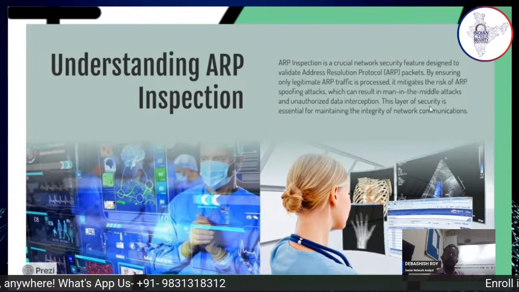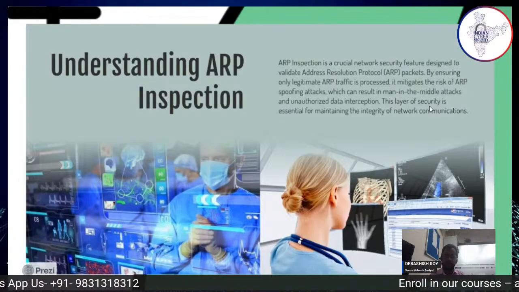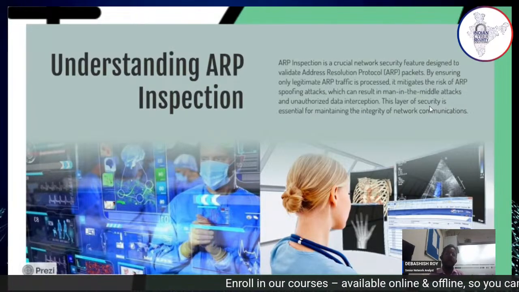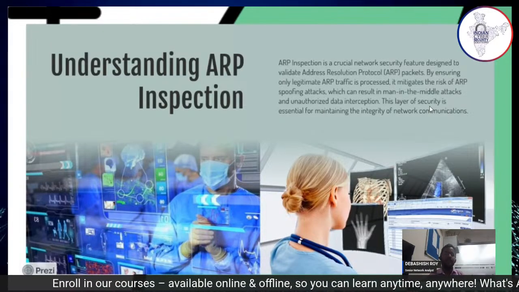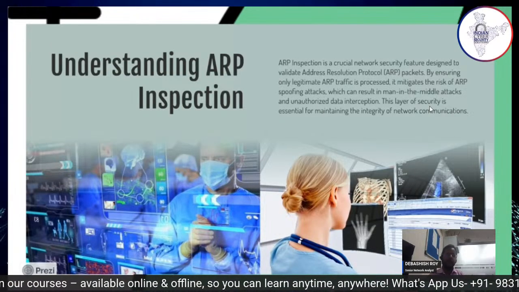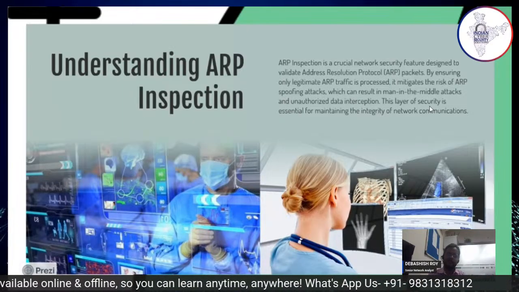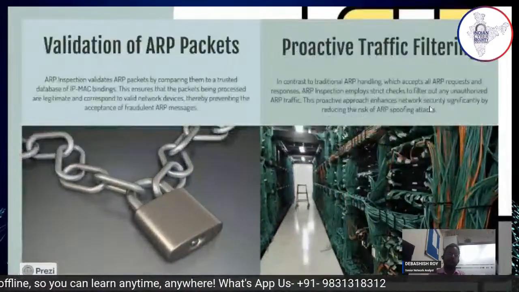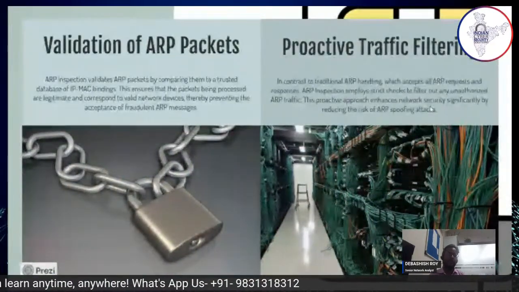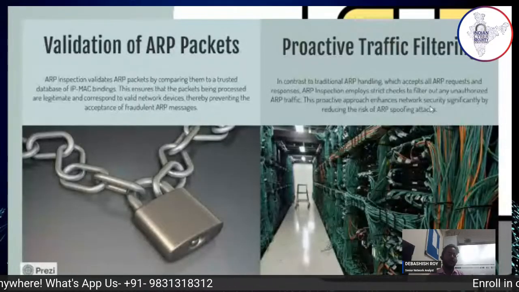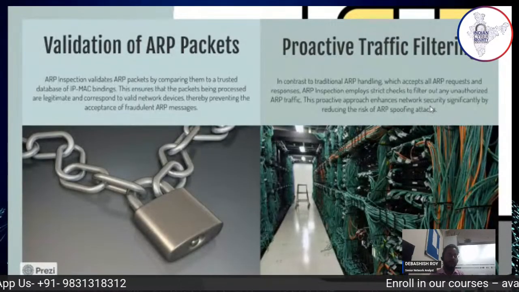By ensuring only legitimate ARP traffic is processed and passed, it mitigates the risk of ARP spoofing and man-in-the-middle attacks. So spoofing and man-in-the-middle attacks are prevented by this ARP inspection. Validation of ARP packets, that I was talking about already: ARP inspection validates ARP packets by comparing them to the trusted database of IP to MAC bindings.